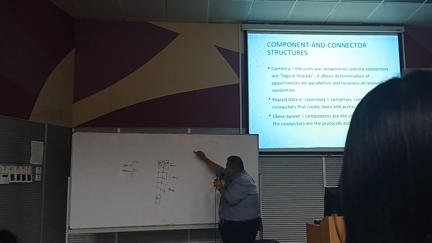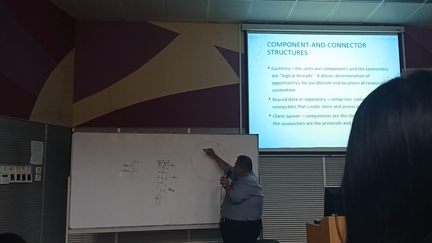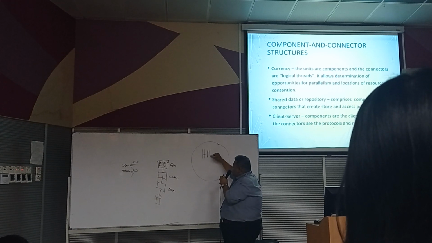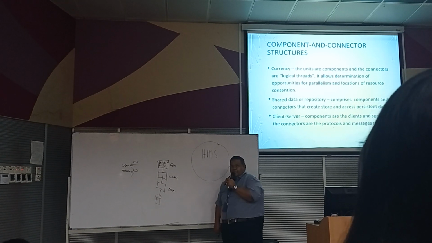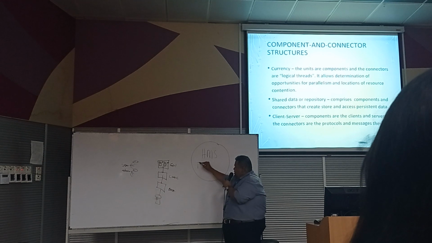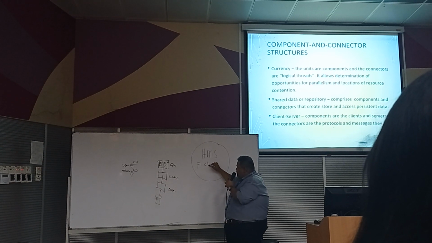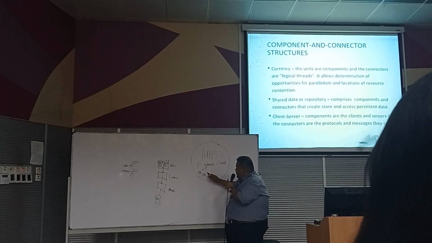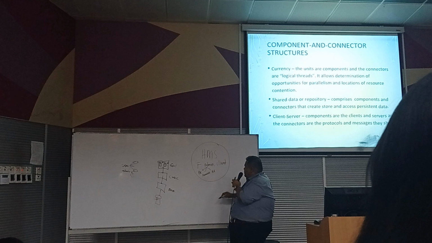That one is functionality. Let's say I have one big system, a hotel management system. Functionality: I have admin and I have client. From admin, I have HR, check-in, front desk, housekeeping, and so on.